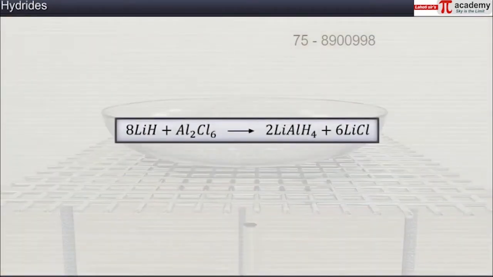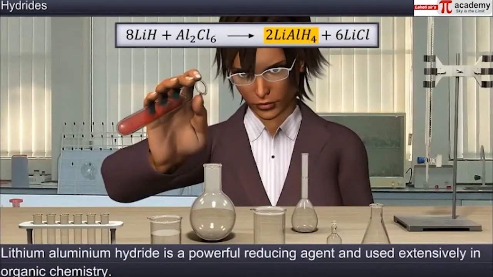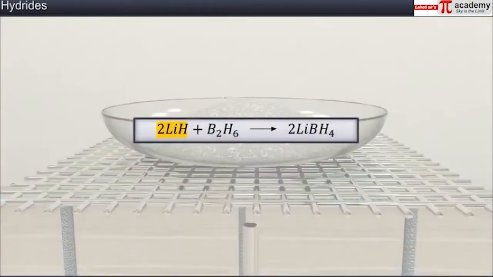The reaction that takes place is lithium hydride reacts with aluminium chloride to give lithium aluminium hydride and lithium chloride. Lithium aluminium hydride is a powerful reducing agent and used extensively in organic chemistry. Lithium hydride also reacts with boron hydride to give lithium boron hydride.